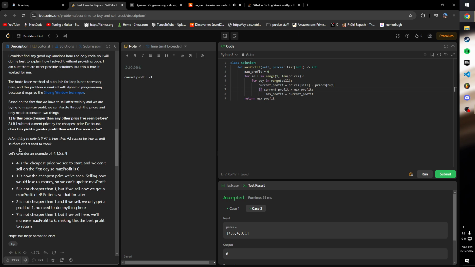Okay. 4 1 5 2 7. 4 is the cheapest price we start to see. So max profit 0. 1 is the cheapest price we've seen. So now we lose some money, so we can't update max profit. 5 is not cheaper than 1.